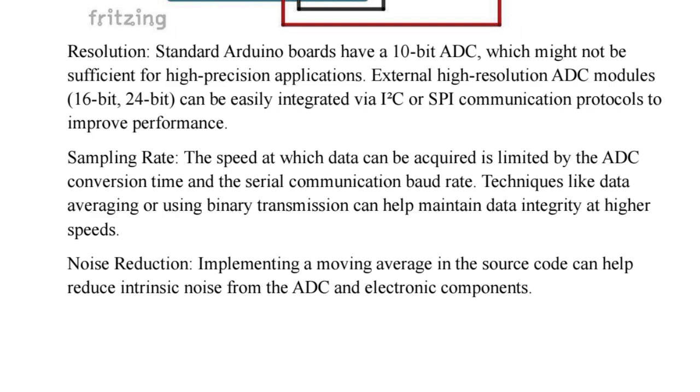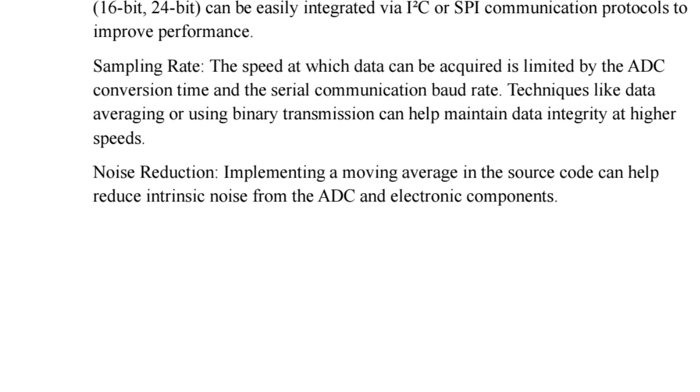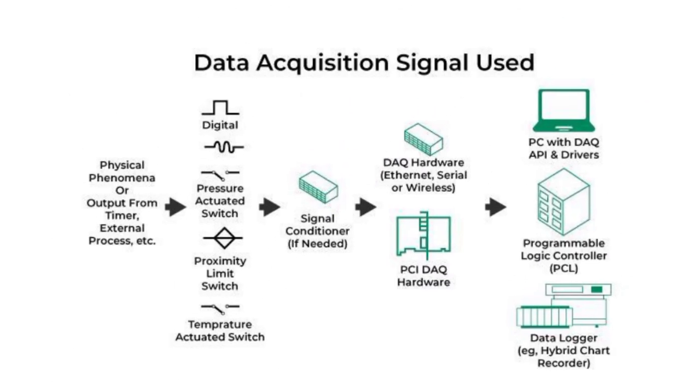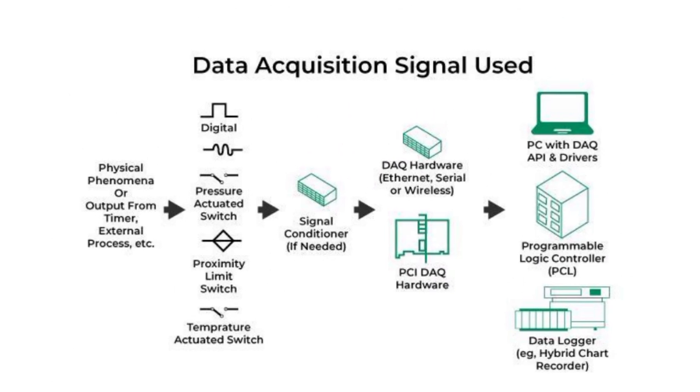The sampling rate is the same as in the ADC conversion, and noise reduction is also implemented for the intrinsic noise from electronic components. These are the steps involved in data acquisition systems. So the main four or five parts are listed here. Thank you.